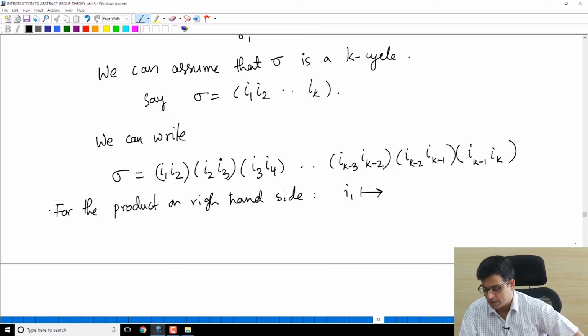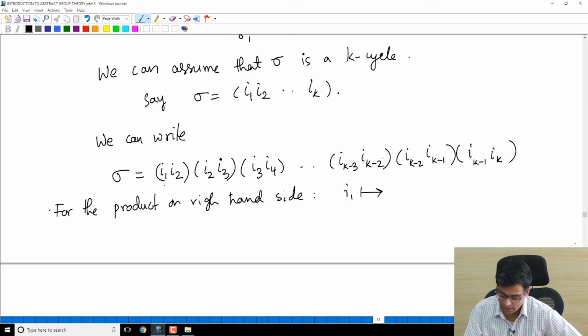So i1 is not present here, so it fixes i1 and we don't care. I1 is not present in the third one from the right. It is not present in any of the first k minus 2 things. It is present only in the last one. So we must send i1 to i2, right? Sigma also sends i1 to i2, remember.